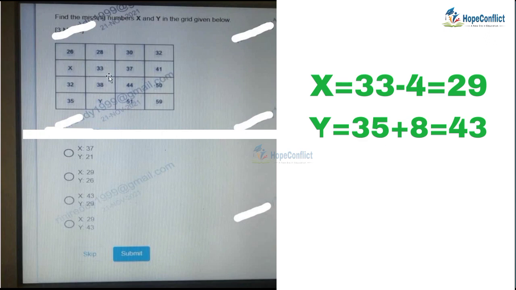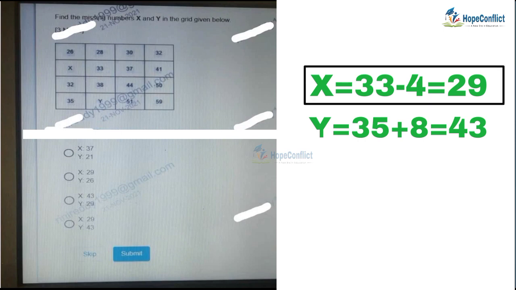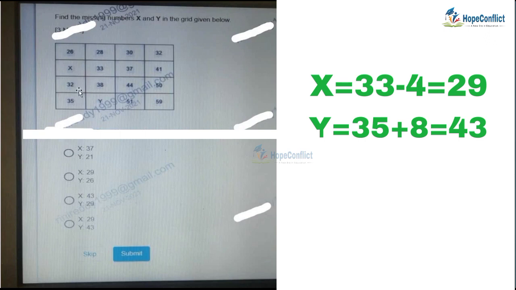Here the difference between the two numbers is 4. So X should be 33 minus 4, which is 29. So it should be 29, 33. So there is a difference of 4. Similarly, for the third row, the common difference is 6.